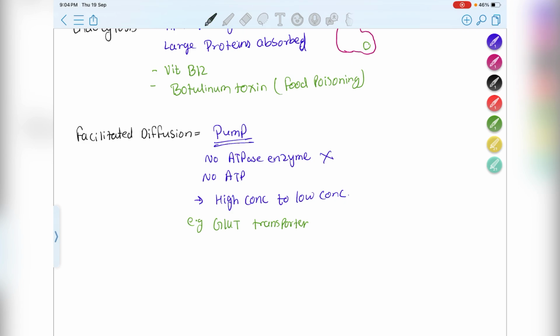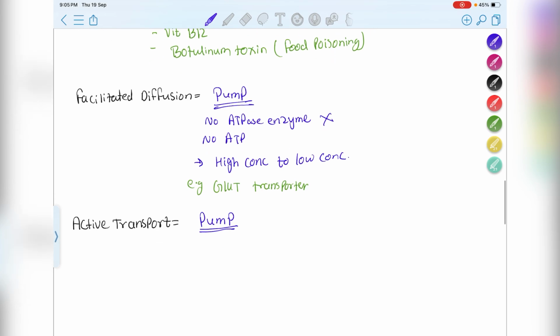Another method we have is active transport. By the name we can see it is active transport, so ATP requirement will be there. Here also a pump will be present. The drug will enter the cell by this pump only, but here ATPase will be present.